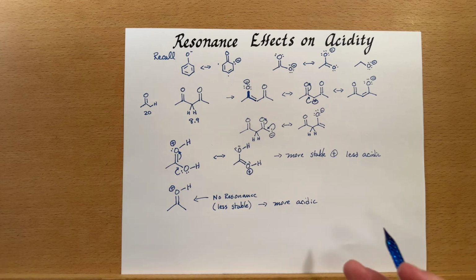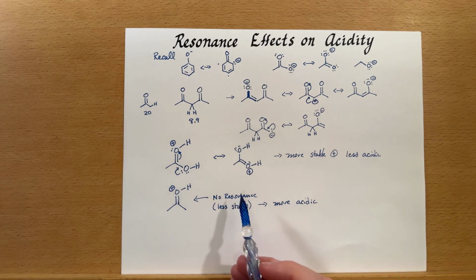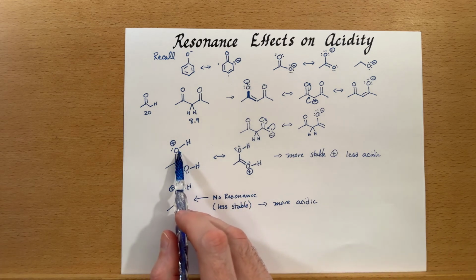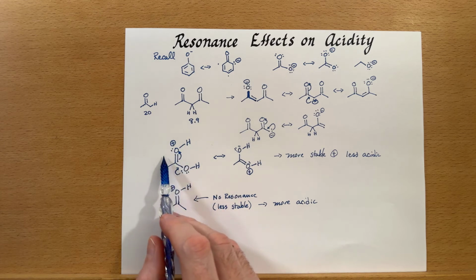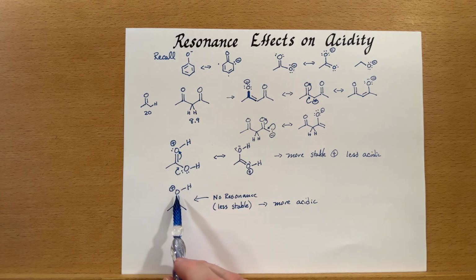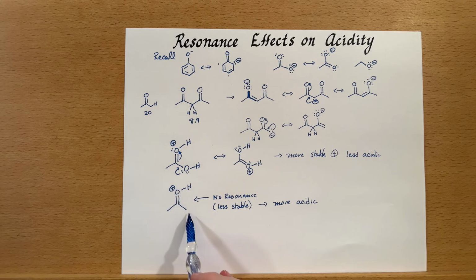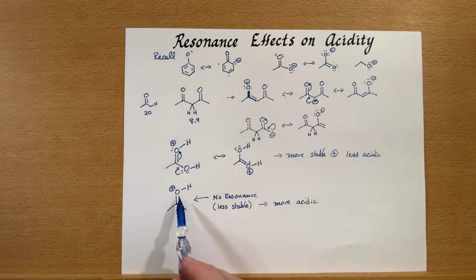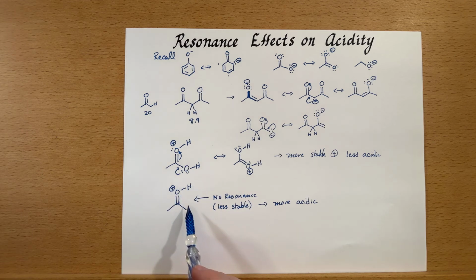Put another way, it would be easier to protonate this carboxylic acid in this way than it would be to protonate the carbonyl without any additional stability. So in order to form this, and I think we can, we would need a much stronger acid in order to accomplish this in any reasonable amount.